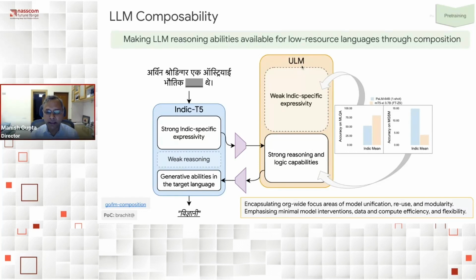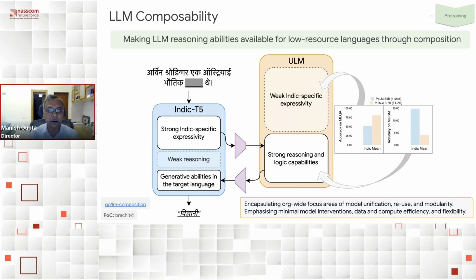We took that, and we have created a variant of that model which will have much better representations for these close to 100 Indian languages. In fact, we have applied that recipe not just for Indian languages, but for many other underrepresented languages in the world, supporting over 1,000 languages in this new variant.